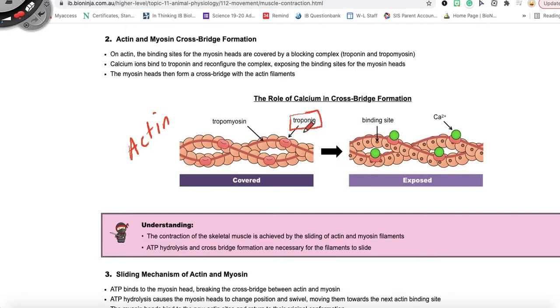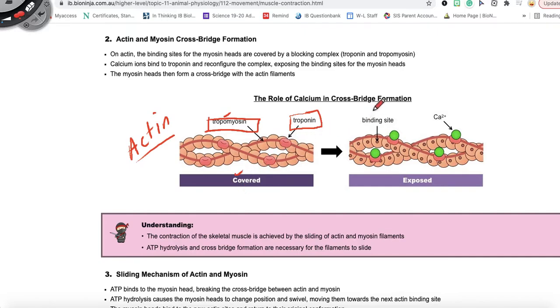And because troponin is not activated, troponin dictates how tropomyosin is going to be aligned along the binding sites of actin. So here we see the two proteins on actin called troponin and tropomyosin, and this is what they look like when the binding sites on actin are covered.